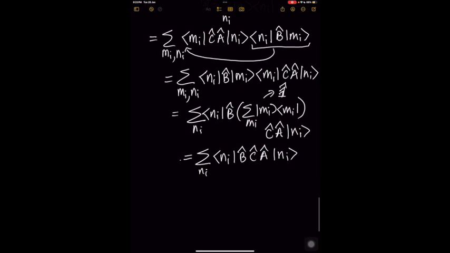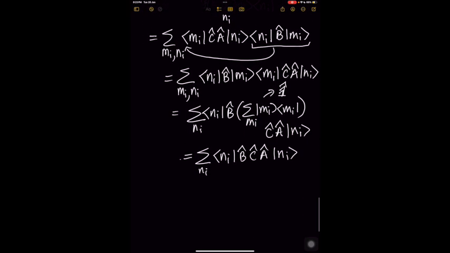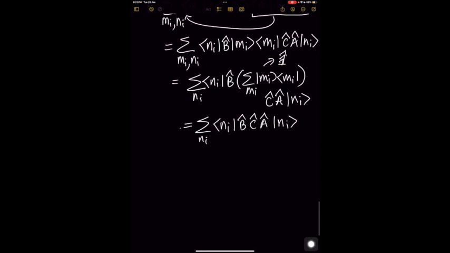Now, let's do this again, where you can, if you wish, put the resolution of identity here and then fill it up with m sub I. So in that case it would make it a sum over m sub I. You should try this out.